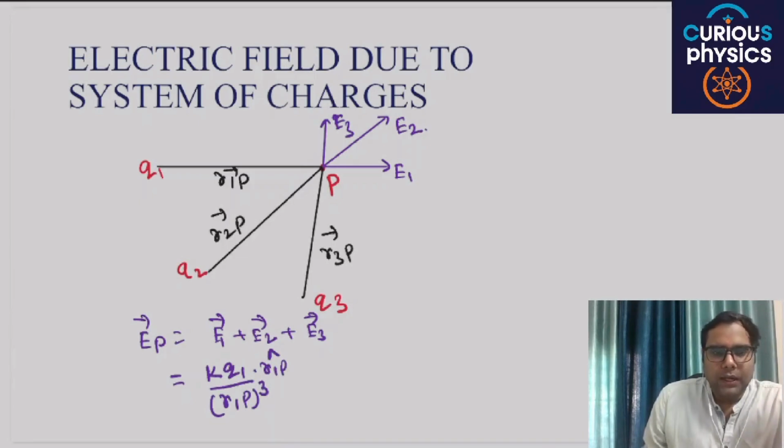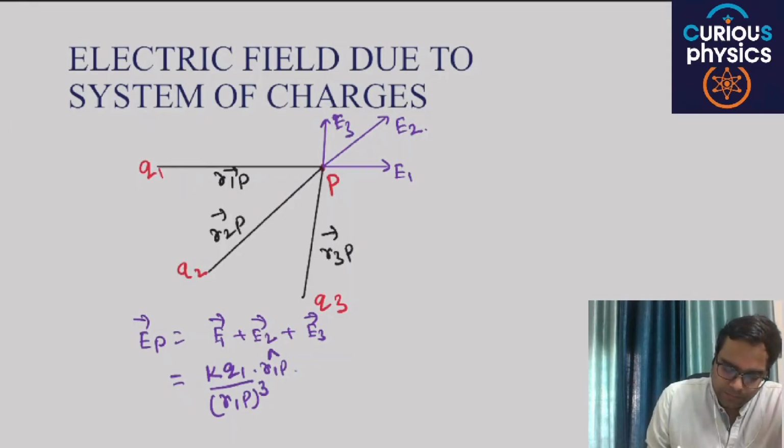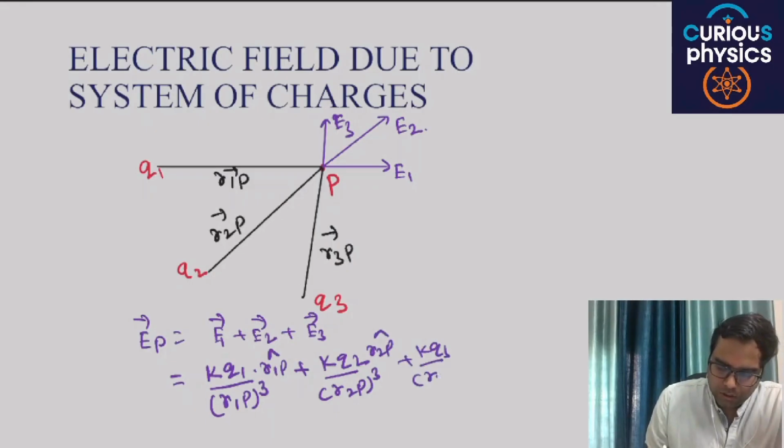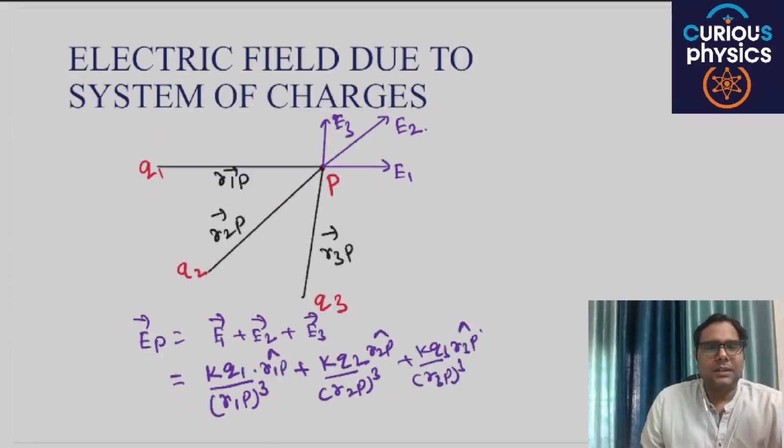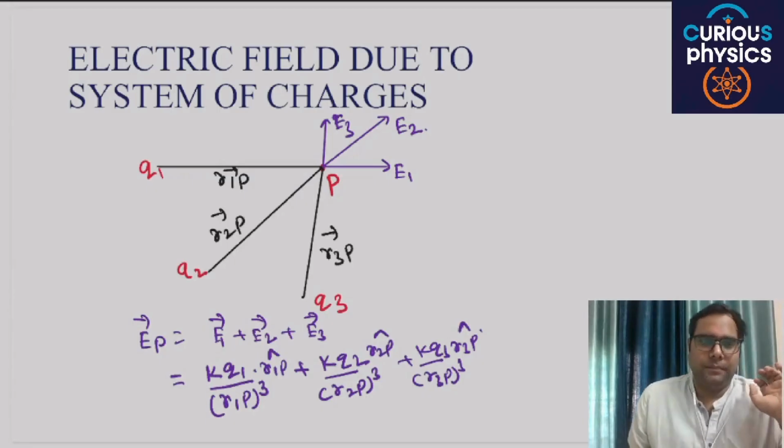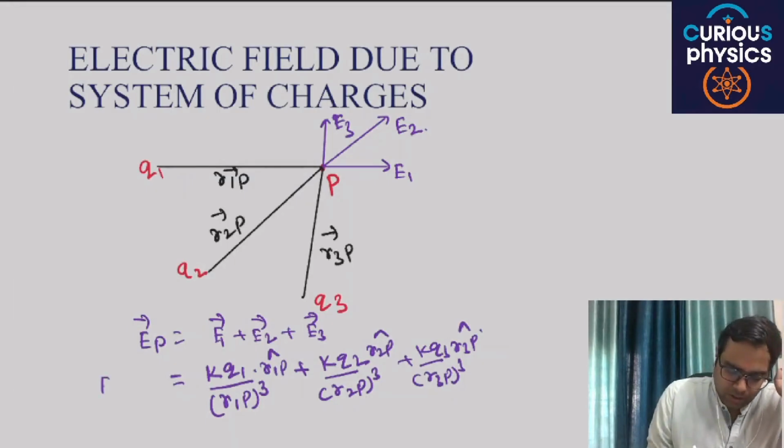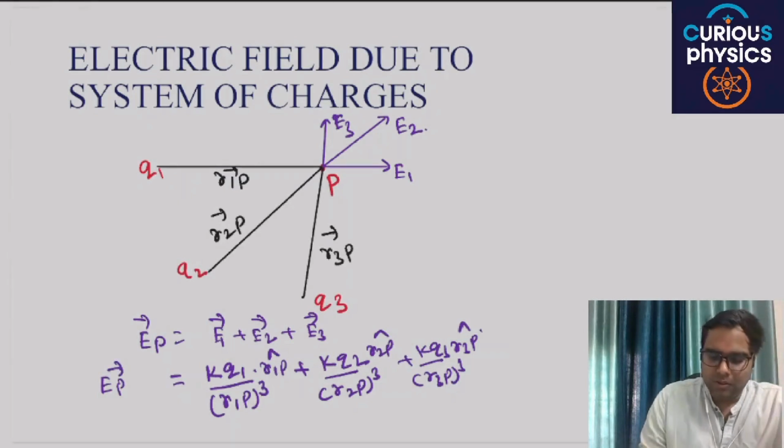And for magnitude, it will be simply kQ1 by r1P whole square, plus kQ2 and so on, plus kQ3 by r3P whole cube times the vector r3P. Simple. These unit vectors show the direction. This is the E net on point P. This is also the superposition principle.